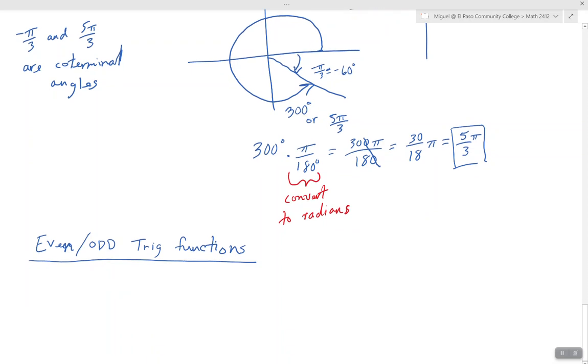So these definitions tell us that because sine is what they call an odd function, sine of a negative parameter is equal to -1 times sine of the positive parameter.